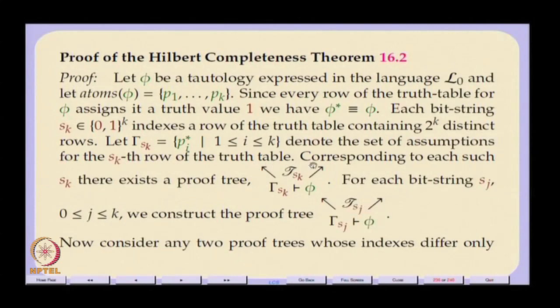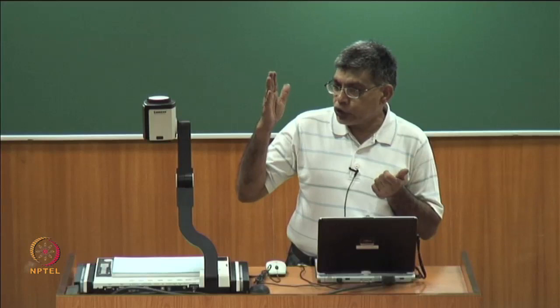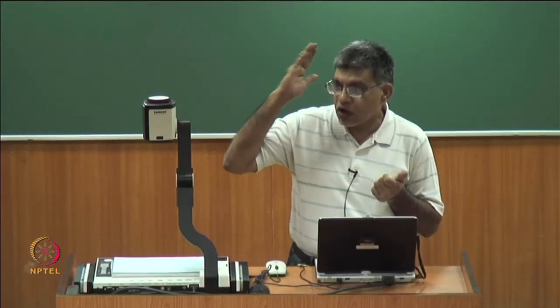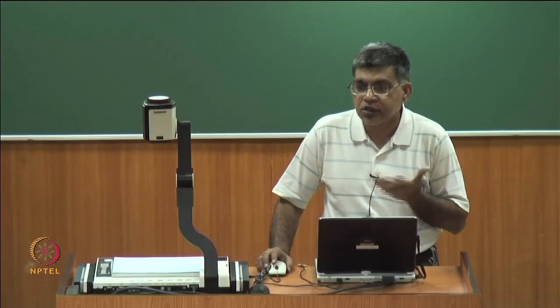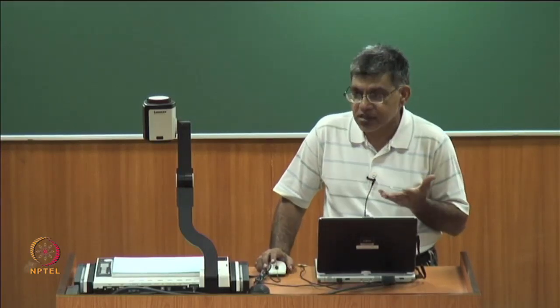I have a proof tree. And we have to prove that every tautology is a formal theorem. So, assume phi is a tautology, which means the truth table assigns the truth value true to phi in all rows of the truth table. So, phi star in this case, by the truth table lemma, is just phi itself.